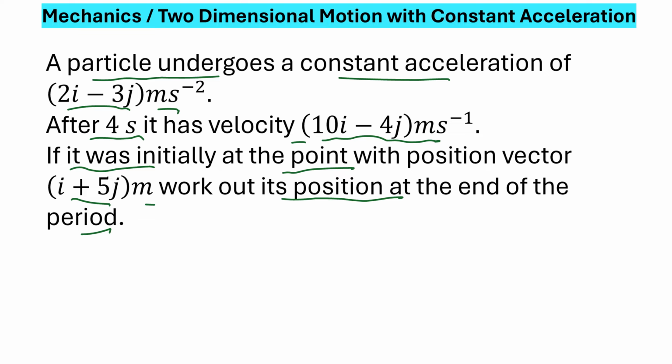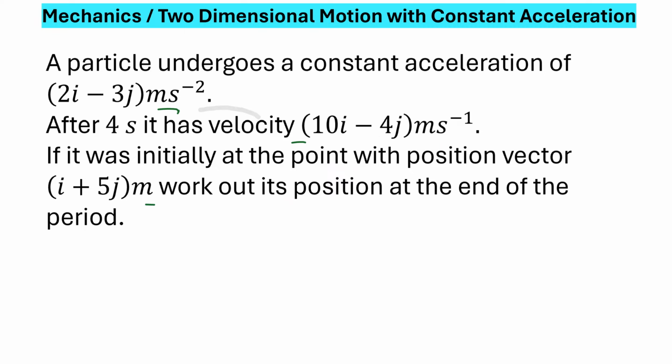So to start with, let me write down the given facts. The acceleration a is equal to 2i minus 3j meter per second square, and then I have been given the velocity.